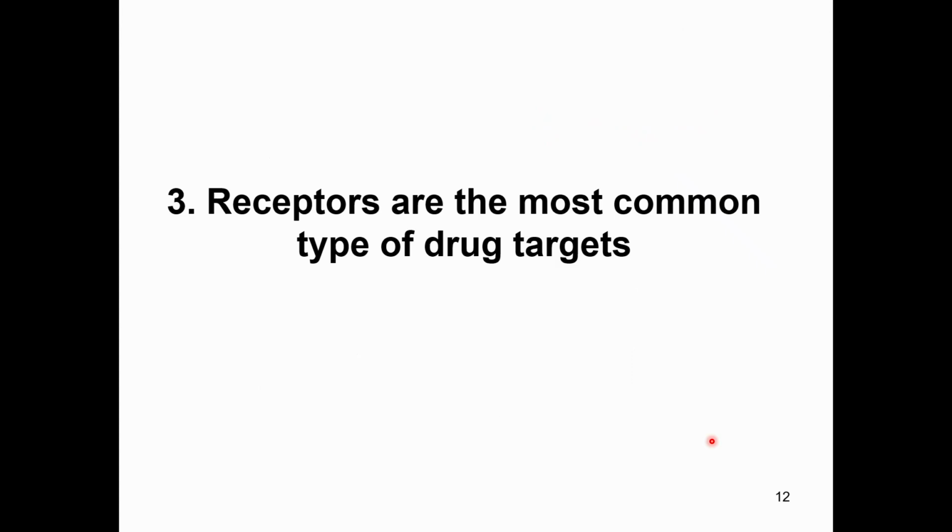Okay, so I want to change gears a bit and talk about receptors, because receptors are the most common drug targets. They're not the only drug target, but they're very commonly the drug target.